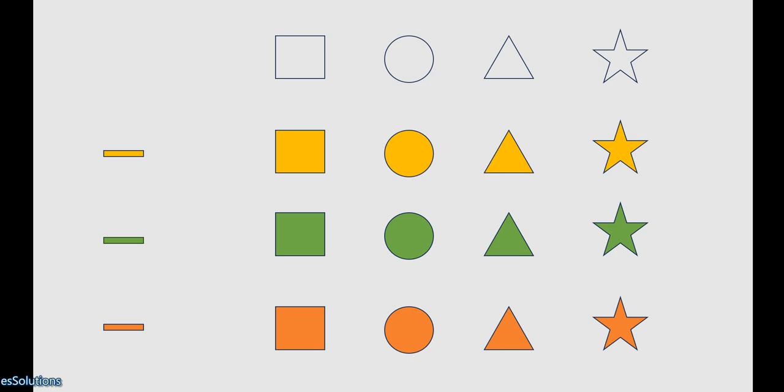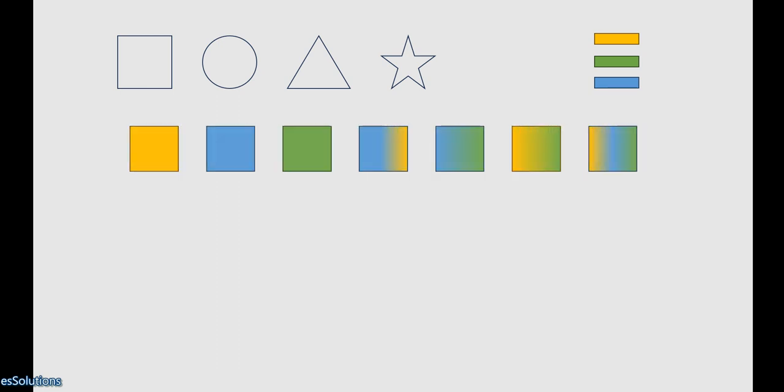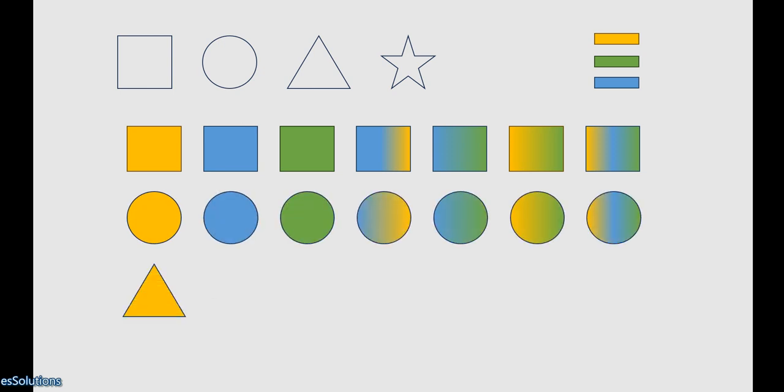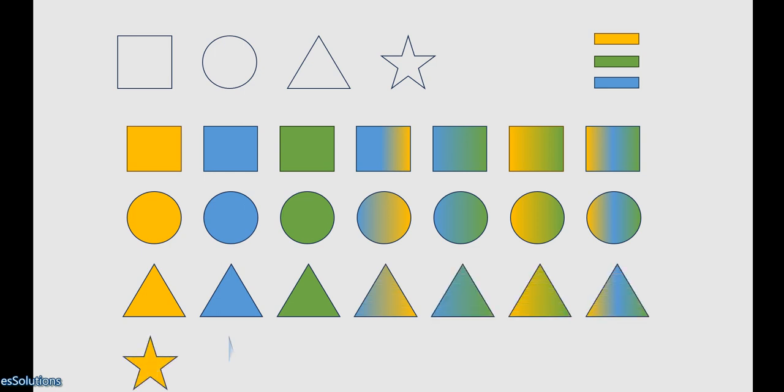So let me push this a little bit further. Let's say we have 4 shapes and 3 colors, just as we've said. Now, if we could combine colors such that we can have a greenish yellow, so it's possible to have a square that is greenish yellow, for example, we'll be coming up with almost 28 permutations, just for 4 shapes and 3 colors.